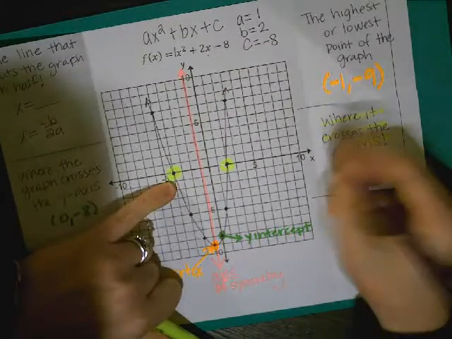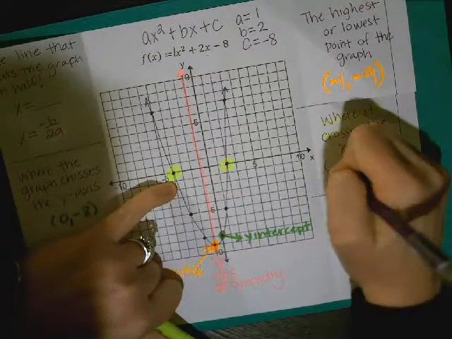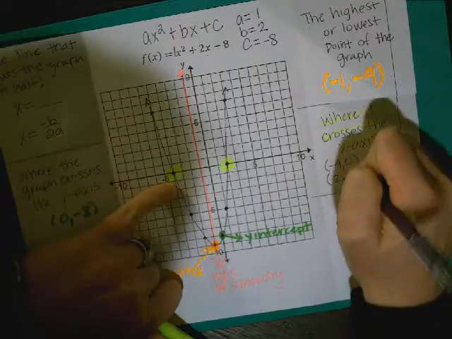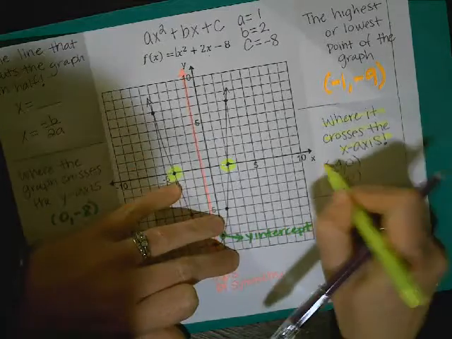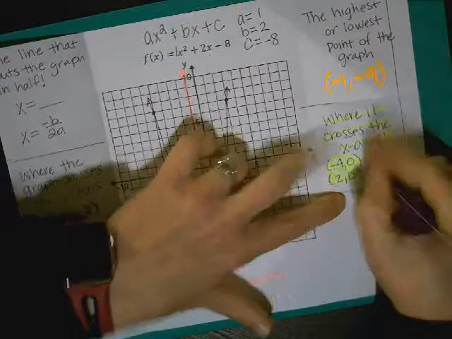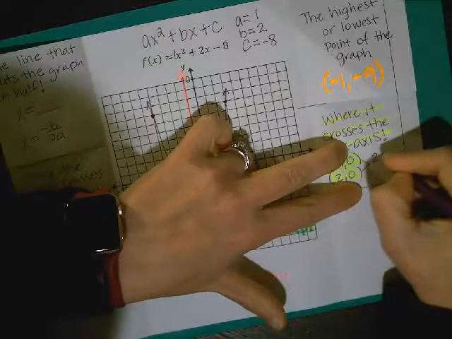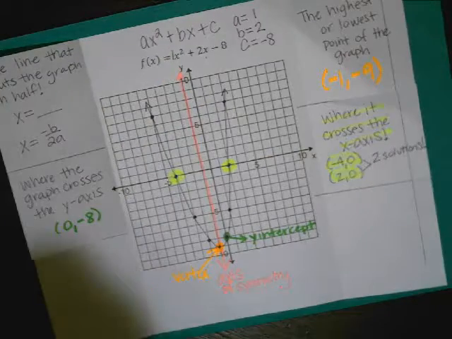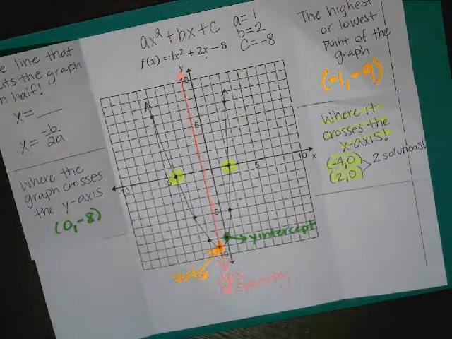But in this specific case, we have -4, 0 and 2, 0. So in this case, we have 2 solutions. We have 2 x-intercepts. So 2 solutions. So the most you could possibly have are 2 solutions, or 2 x-intercepts.